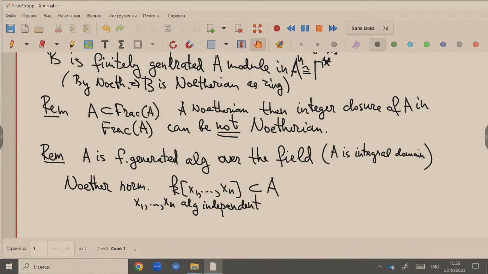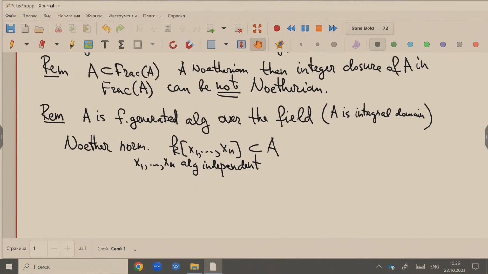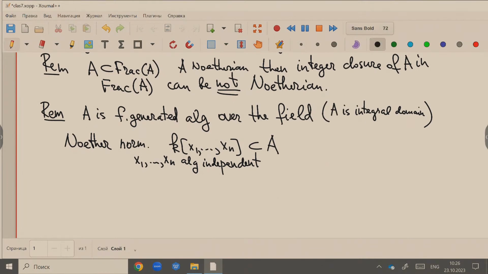And also A is a finitely generated module over this subring.